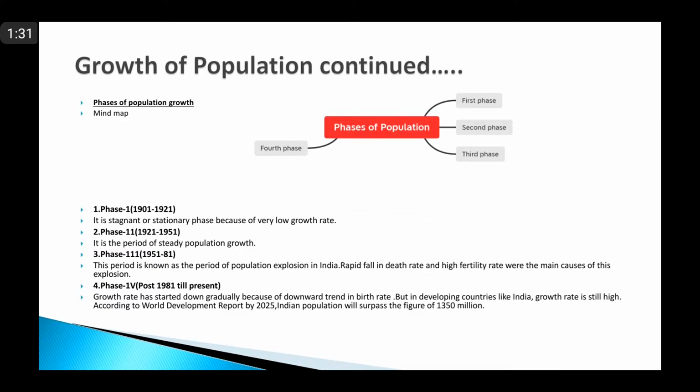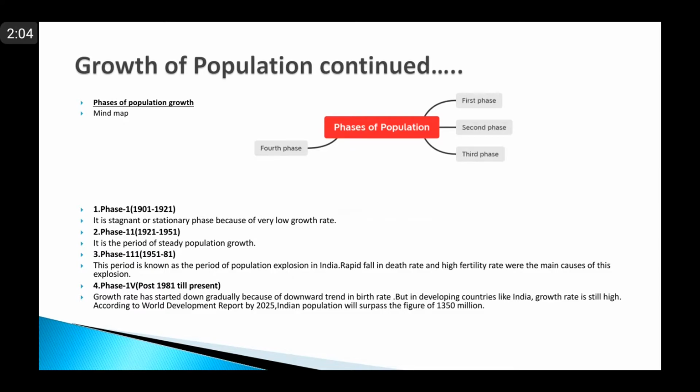This period from 1901 to 1921 is referred to as a period of stagnant or stationary phase of growth of India's population, since in this period the growth rate was very low. In the decade between 1911 and 1921, the population of India actually declined by 7.70 lakh.